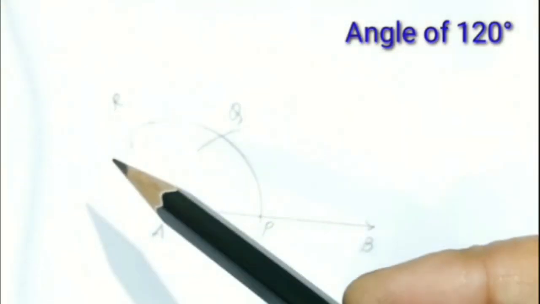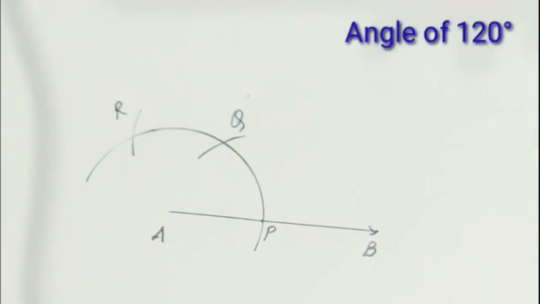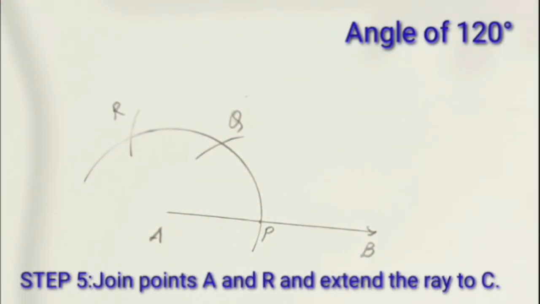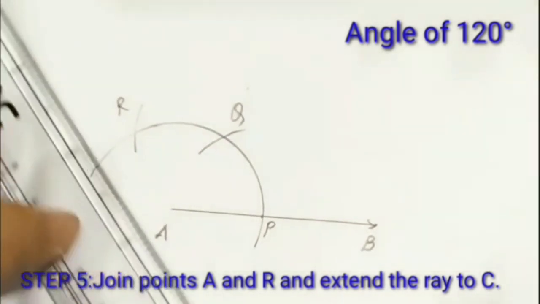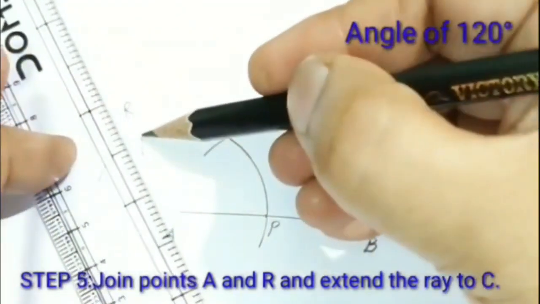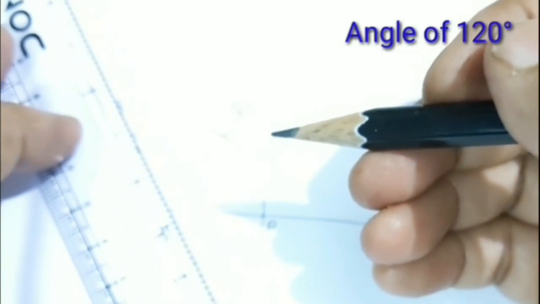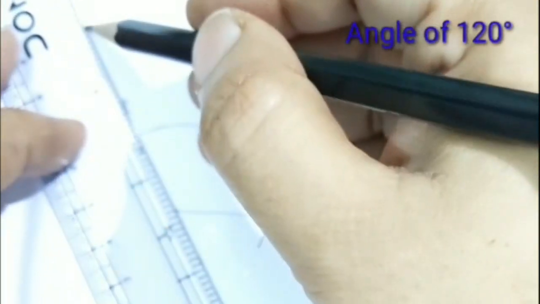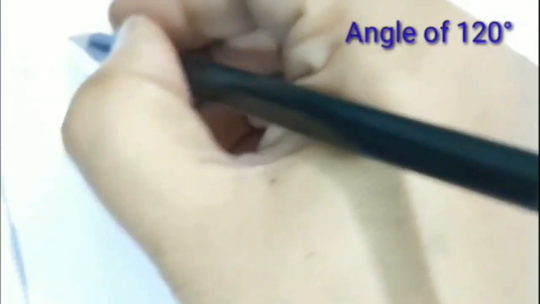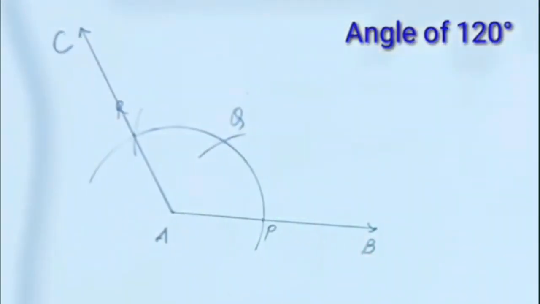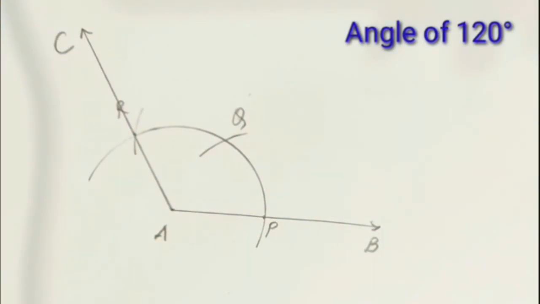This is point R. Step 5: join A and R and extend it to C. Connect the points R and A. Check the alignment of the two and draw it carefully and extend it till the point C. Hence, angle CAB is an angle of measure 120 degrees.